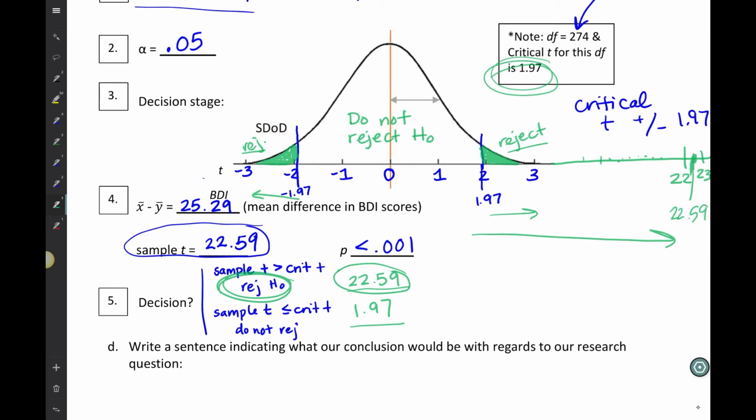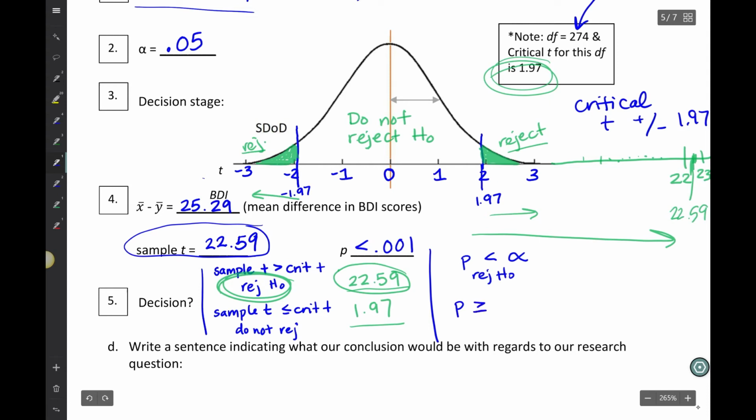Now, the other way of doing this, which I think is a little more straightforward, and it's typically what we do in practice, is we compare the p-value versus alpha. If our p-value is less than our alpha, then we reject the null.